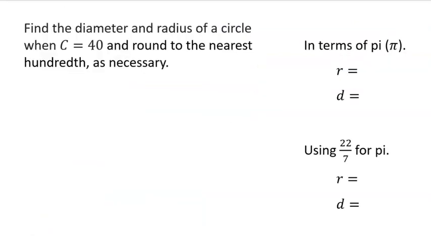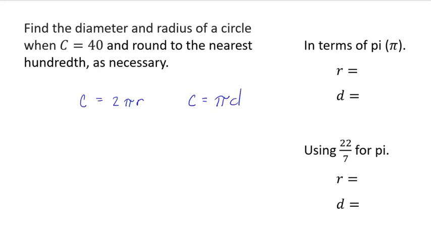Let's take a look at this problem. It says, find the diameter and radius of a circle when c is equal to 40 and round to the nearest hundredth as necessary. So for this one, I know that c is equal to 2 pi r, or I could say c is equal to pi d.